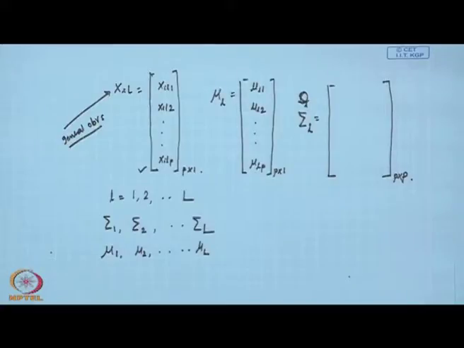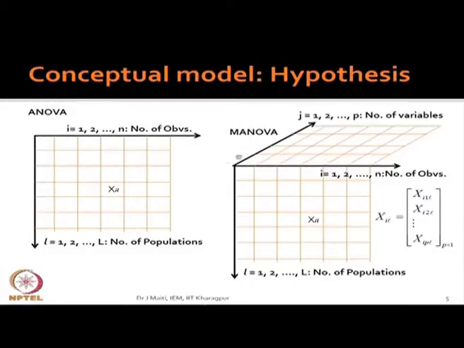So, you see this is pictorially given in this figure. I think it is very clear now for all of you that in ANOVA we have different populations and different observations, and for MANOVA it is population, observation and variables, and this general observation is xil, which is this one. Okay, you have to keep in mind this vector part.